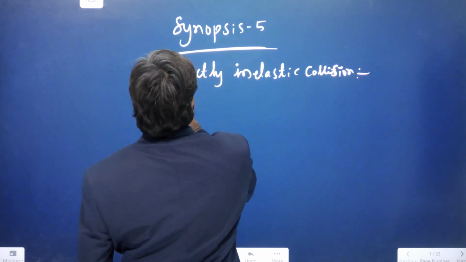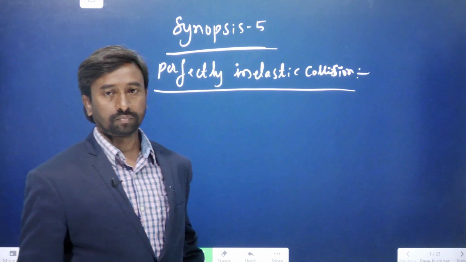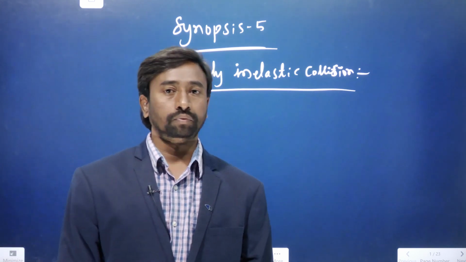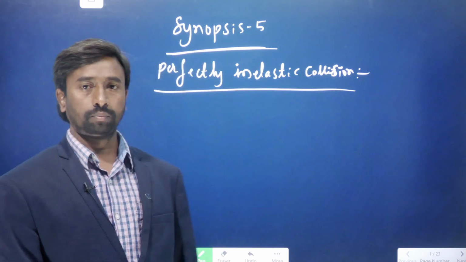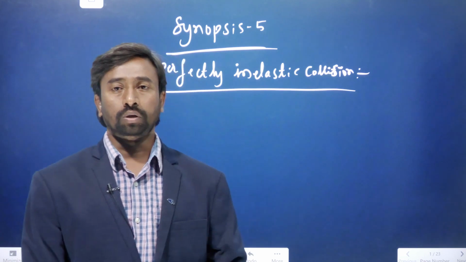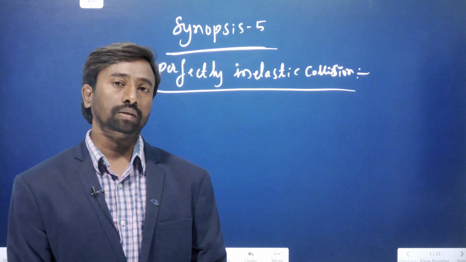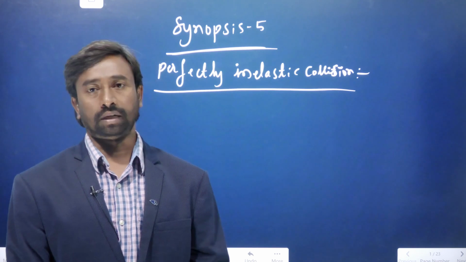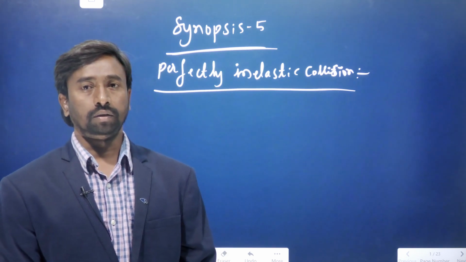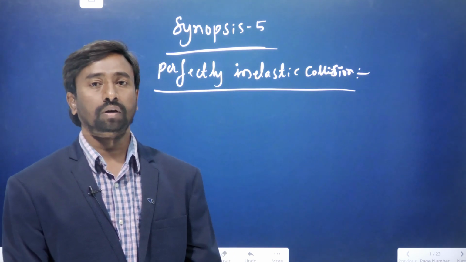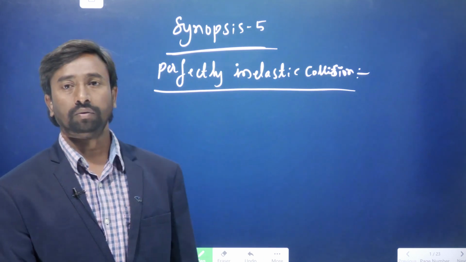So we know what an elastic collision is, and what an inelastic collision is. In an elastic collision, both kinetic energy and linear momentum are conserved, and in an inelastic collision, kinetic energy is not conserved.